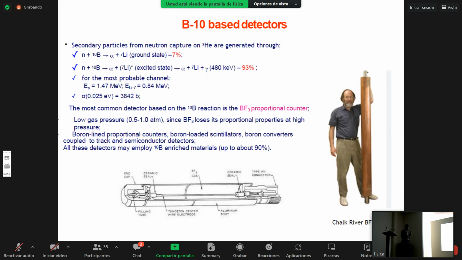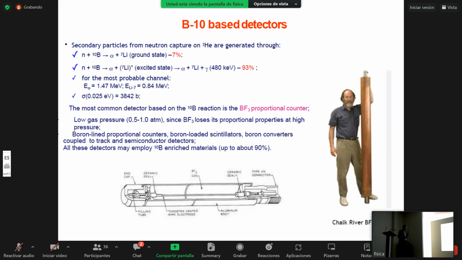The main advantage of this reaction is that you have a smaller cross section compared to helium, but you have more energetic recoils with a total energy of about 2.5 MeV, which is also deposited in the detector.